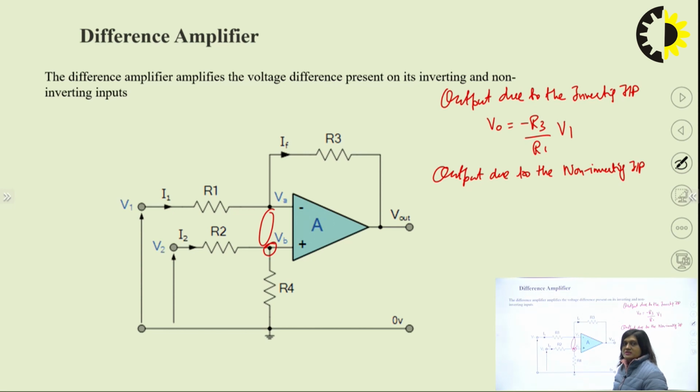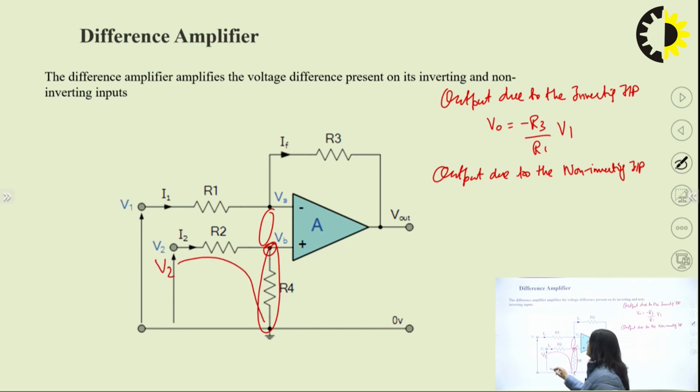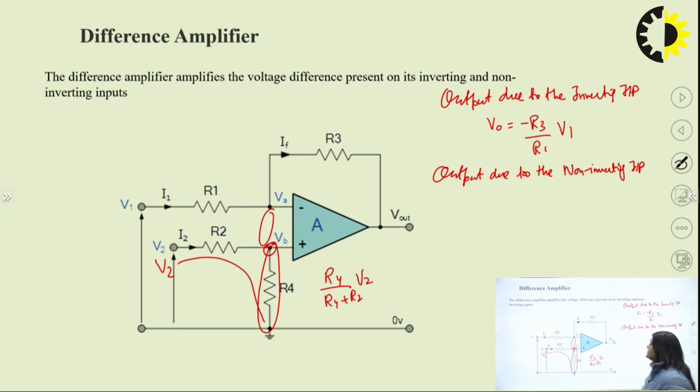So the voltage at this point would be equal to the potential across this point, and along this point we have a voltage V2. So across this R4 we have a voltage R4 upon R4 plus R2 multiplied by V2. This is the potential at this point, VB.